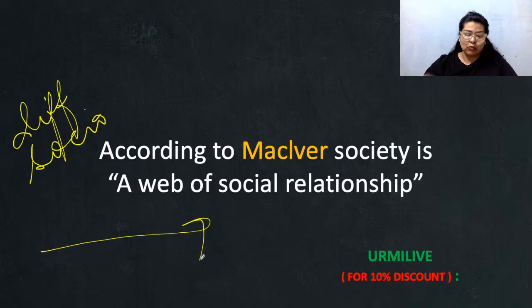It is really very important to define it from different angles. A web means you have your family, your neighbors, your school as an institution, you get married, you're living in a culture, and there are certain rules and regulations you have to follow. All of these combined are known as a web of social relationship.